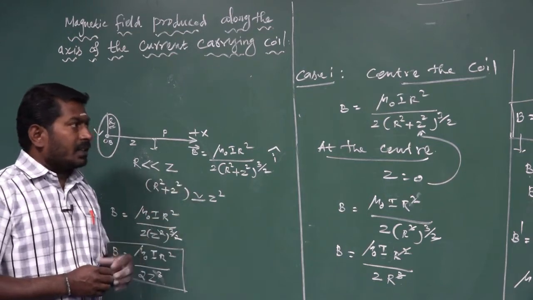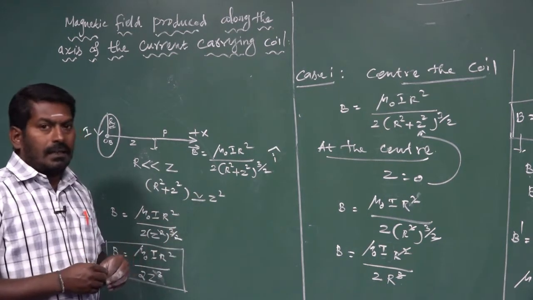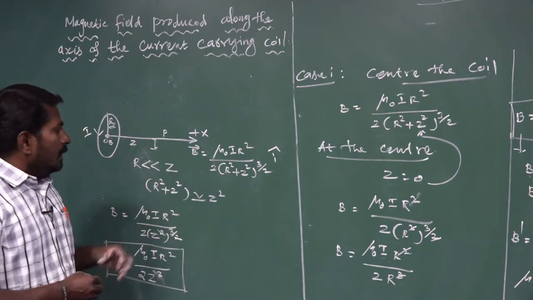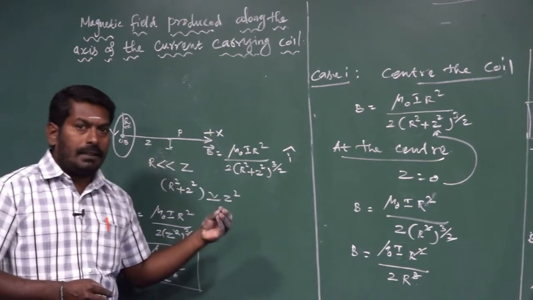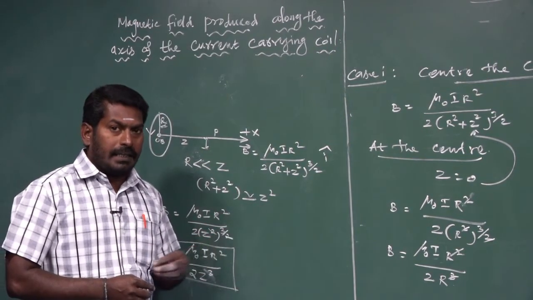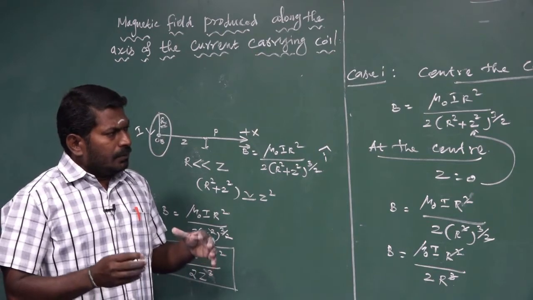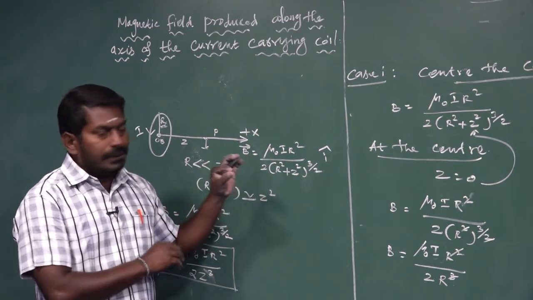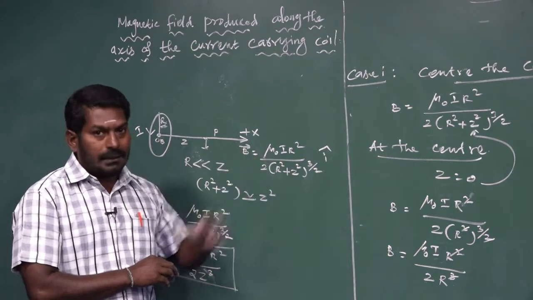Using Biot-Savart law, we can determine the magnitude of magnetic induction produced by the current carrying circular coil and also the magnitude of magnetic induction produced by a straight current carrying conductor. So, if you watch this video each and every second, you will clearly understand this important topic. Thank you.